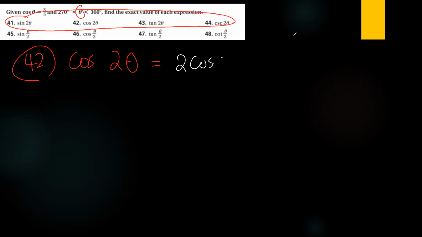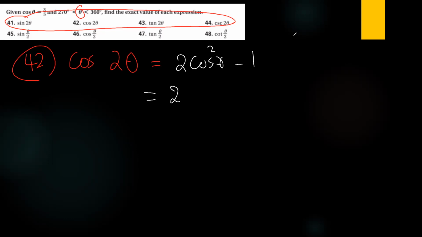Type cosine number 42. Cosine of 2 theta will be one of the identities of yesterday: 2 cosine squared theta minus 1. Where's my cosine?